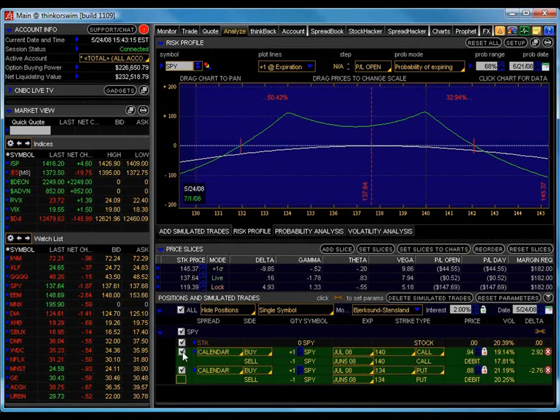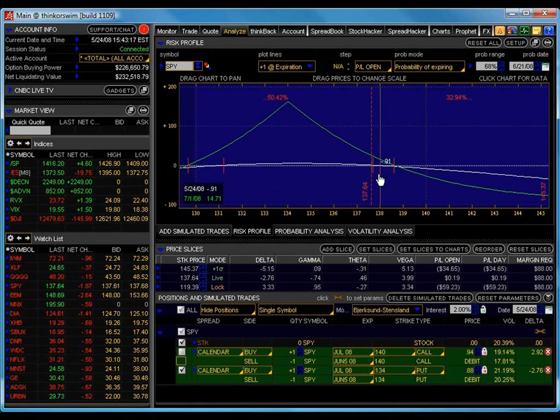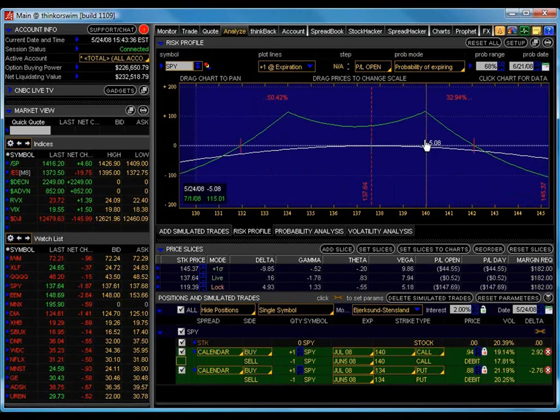If we were to take off the call calendar spread, you can see that the maximum profit would be achieved on this calendar spread if the price of the underlying would move down, and it would be in our potential profit area of our calendar spread. When we put both of them together, we have a slightly wider range in which our prices can move to achieve a profit.